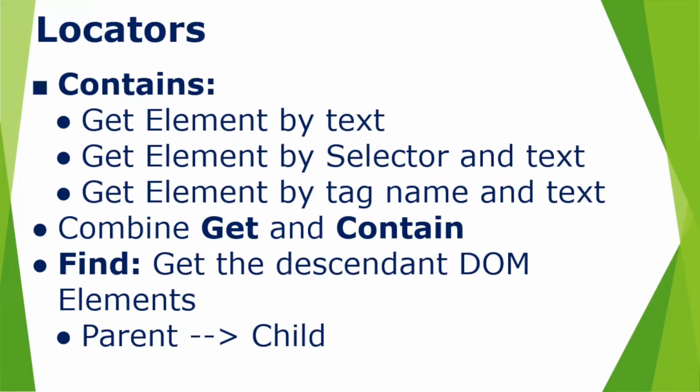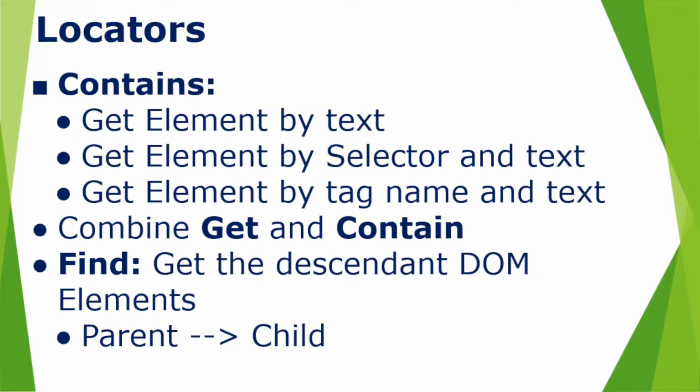Okay, and also I'm going to teach you how can you combine get and contains methods in identifying the elements. And also I'm going to teach you the method called find. The find method we'll be using to get the descendant DOM elements. That means you should have a parent and child relation in the DOM elements. I'm going to explain all these concepts, and also we're going to combine get and find methods.